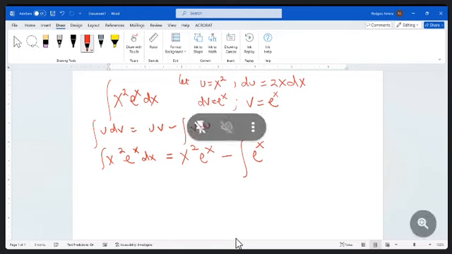Then du is 2x dx. If I reorganize, I'll get x squared e^x minus 2, outside the integral, of x e^x dx.